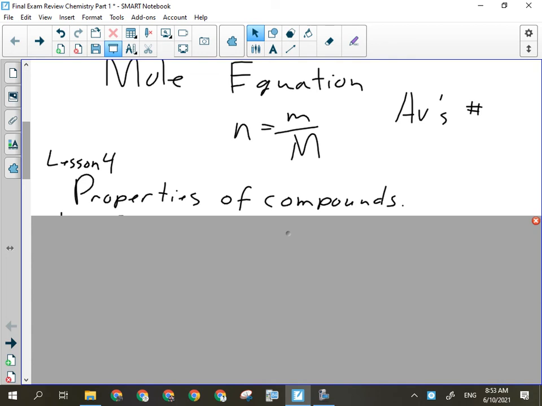The most likely identities for this compound would be A, hydrogen chloride, B, nickel 2 nitrate, C, cobalt 2 chloride, or D, iron oxide. B, the nickel compound, because all nickel-containing ionic compounds are green crystalline solids that would conduct electricity in solution and would be highly soluble in water. Things like that, so you could have a question like that. It would be important to review lesson 4 and your lab on properties of compounds.